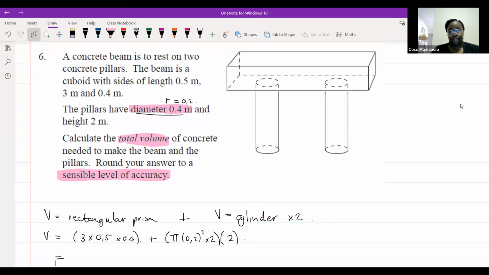Plus pi times 0.2 squared times 2 times 2. Let's see. Correct. I also get that. I also get 1.1 meters cubed.